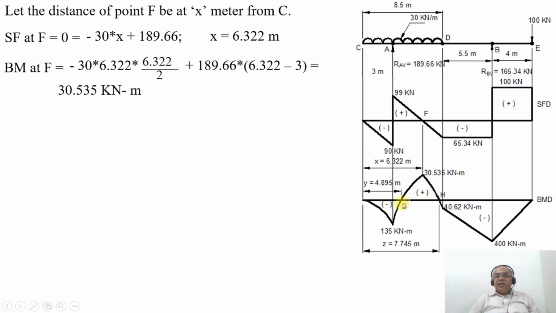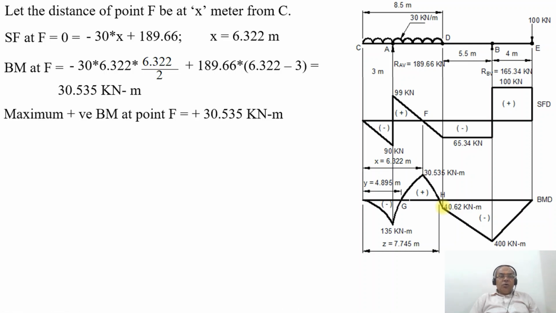Once you do that, the bending moment changes its sign from negative to positive at the point G and from positive to negative at the point H. Therefore, the maximum positive bending moment is at the point F, plus 30.535 kilonewton meter, and the maximum negative bending moment is at the point B, minus 400 kilonewton meter.